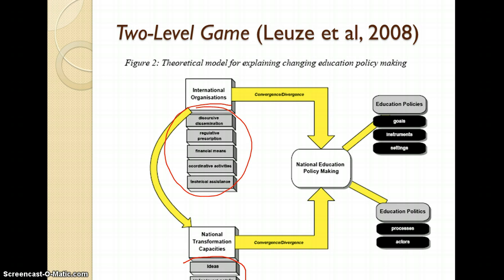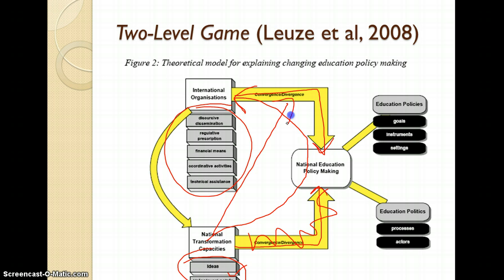These are the veto power and the national viewpoints, which I know you can't see down there, but that's what it says. And they talk about how there's convergence and divergence that happens from the national transformation as well as from the international organizations. Here's what I'm going to suggest. Really what they should be doing instead of this, I think, would be better to run it all the way through, or to run it straight into this.